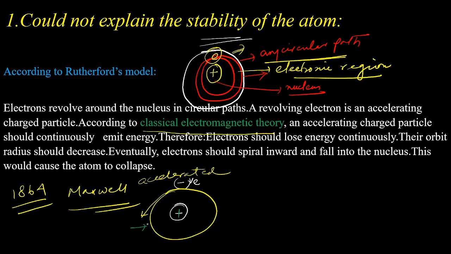In a circular path, during this rotation, the direction of this rotation is continuously changing. As the direction of rotation is continuously changing, the direction of the velocity is also changing.